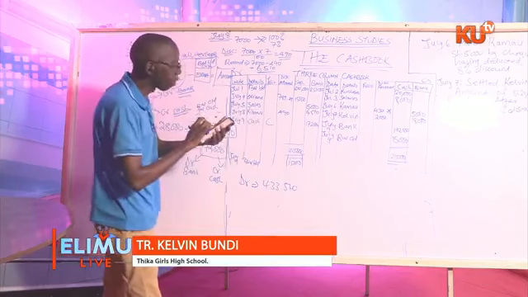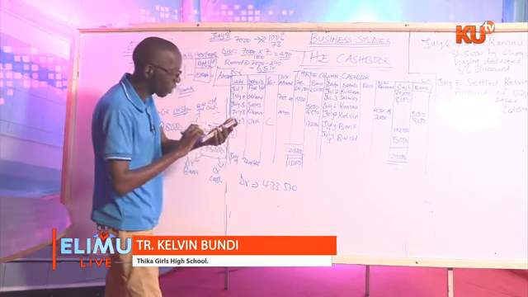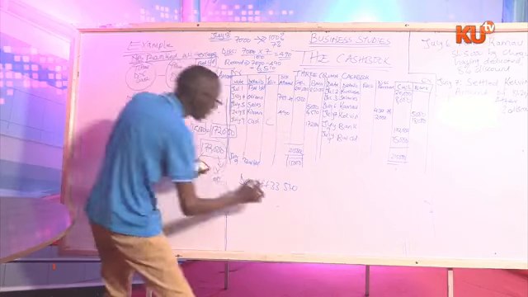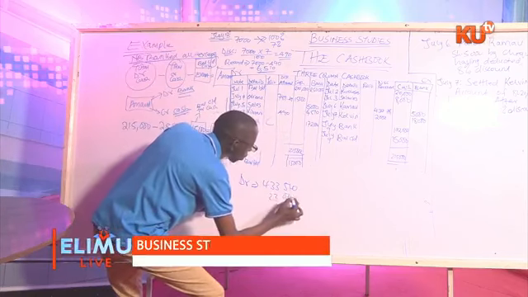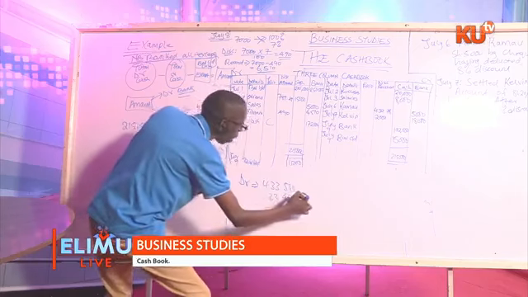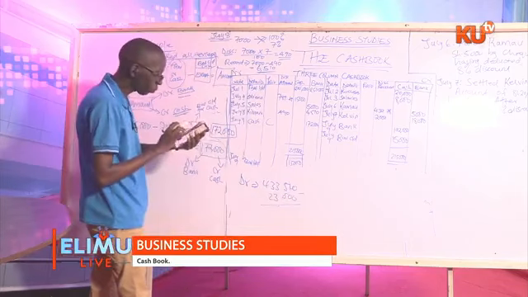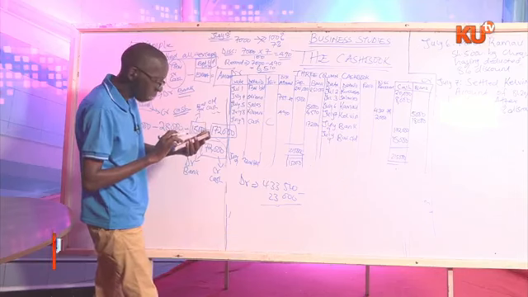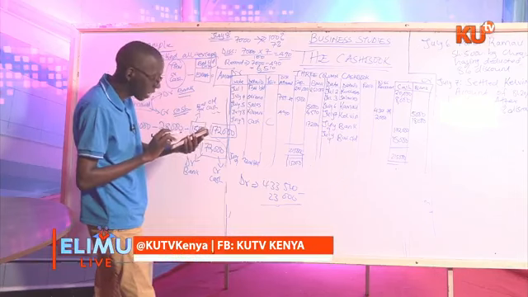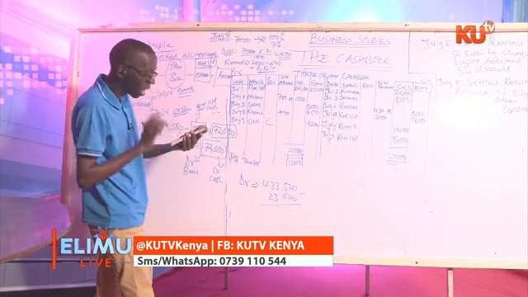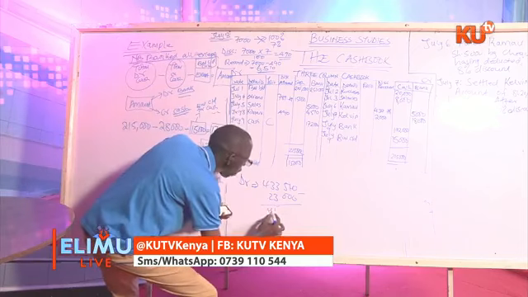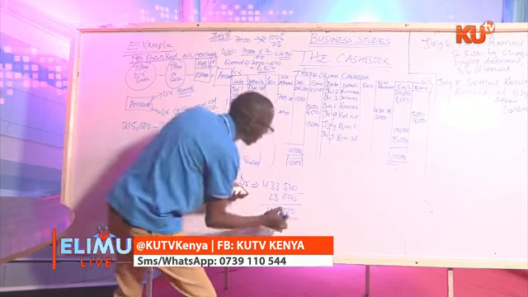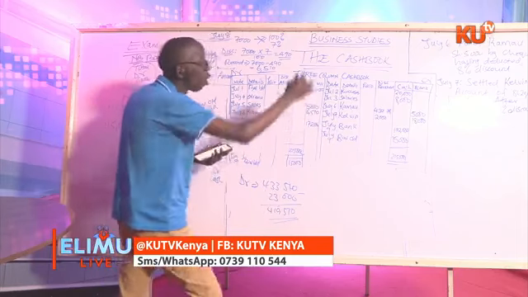On the credit side of bank, we have 5,000 plus 18,000, which is 23,000. So you take the more amount minus the less amount, 433,510 minus 23,000, you'll get 410,510. This is the balance carried down of bank.